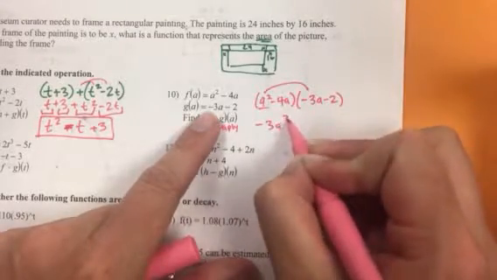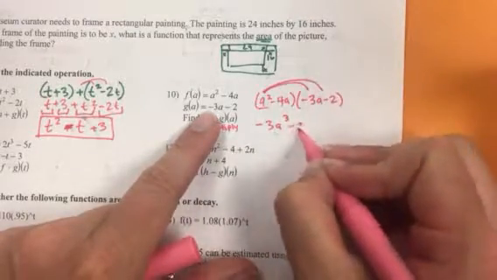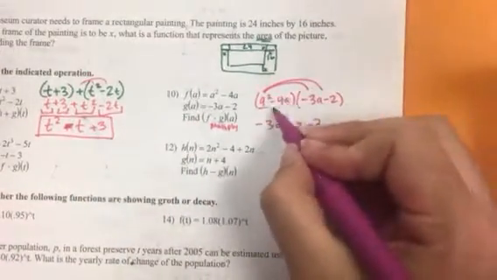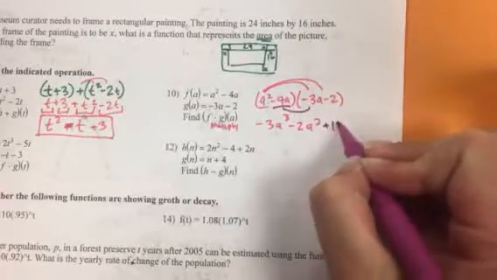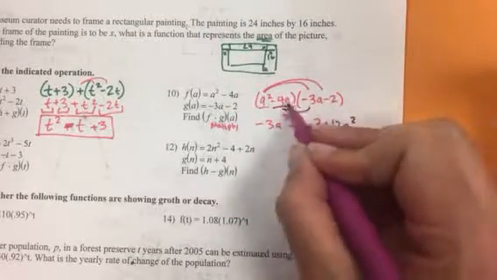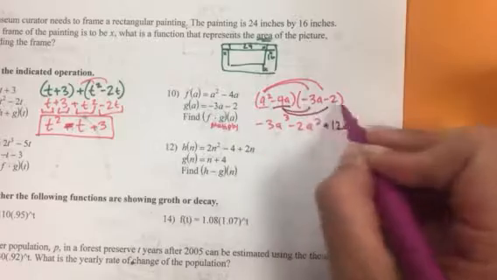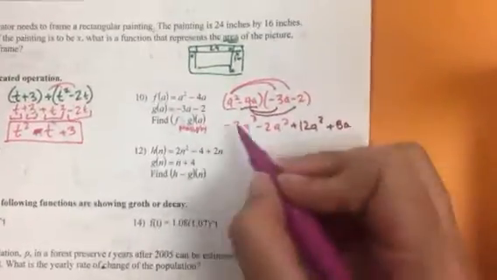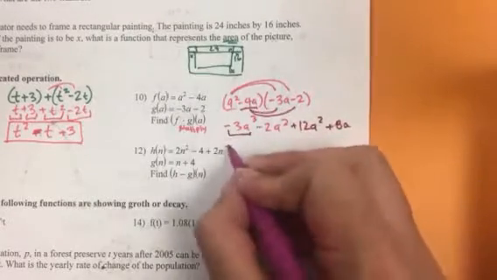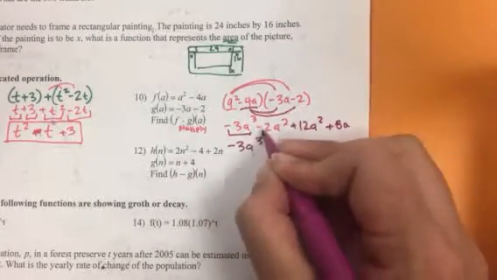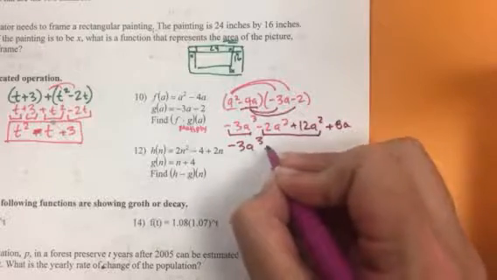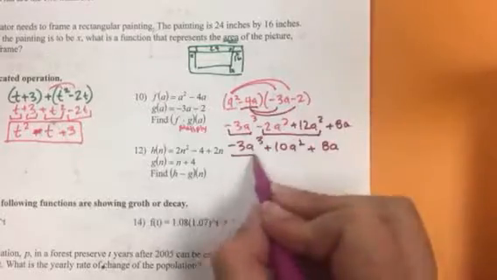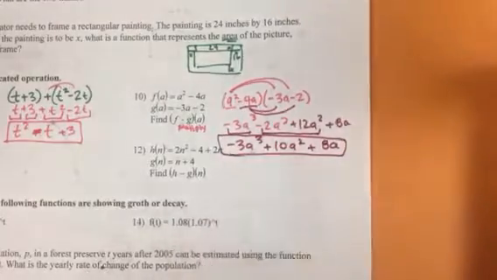Negative 3a cubed minus 2a squared plus 12a squared, because there's two a's, plus 8 with 1a. Combine like terms, a cubed doesn't match anything. Negative 2 and positive 12 make a positive 10a squared plus 8a when we multiply the 2.